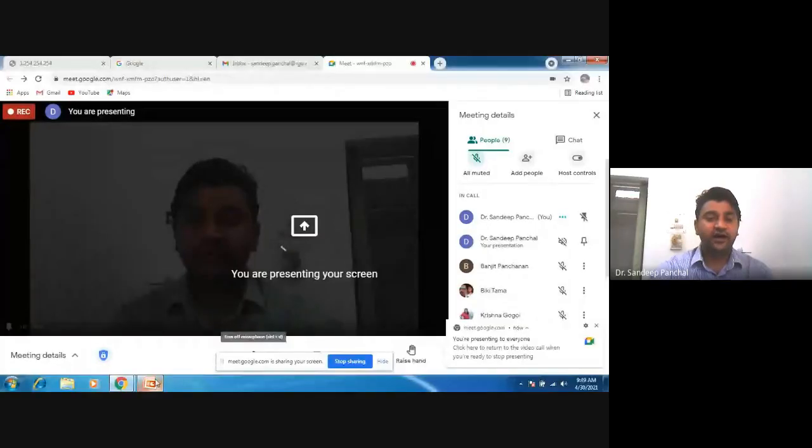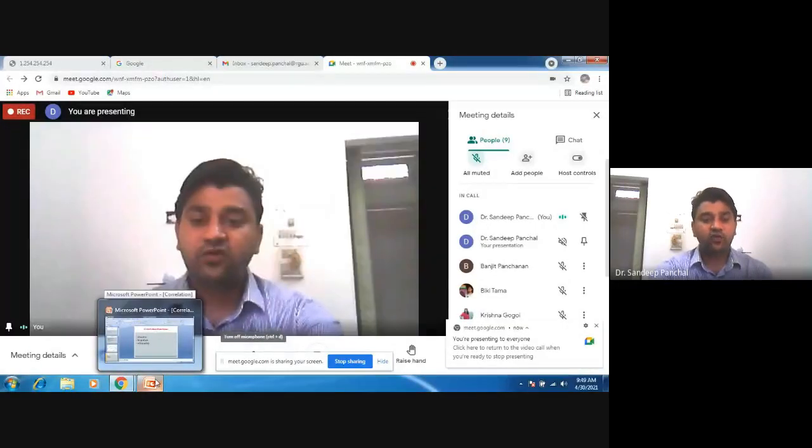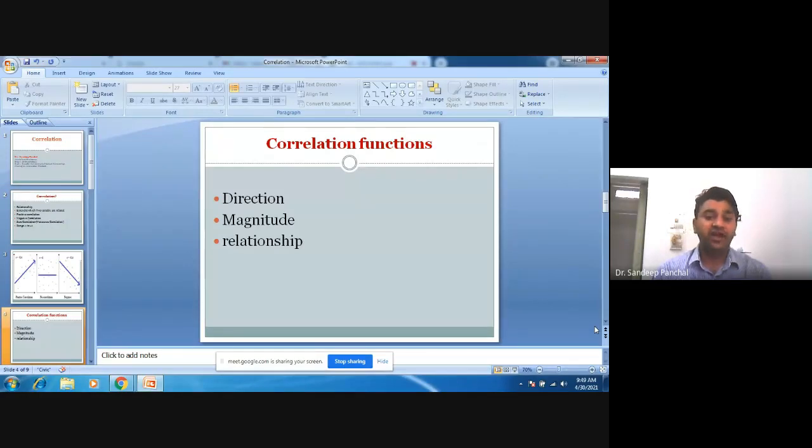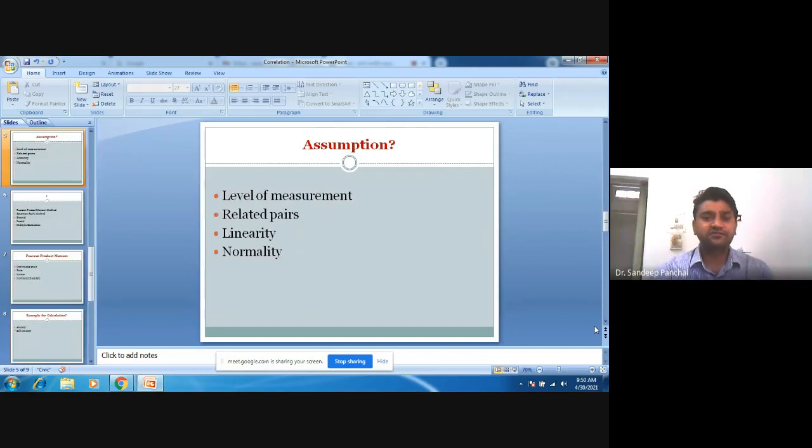We can understand the correlation functions in three ways: direction of the relationship, magnitude of the relationship, and finally the relationship between two things. Okay, so this is about the functions of correlations.